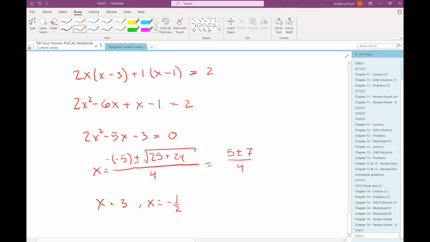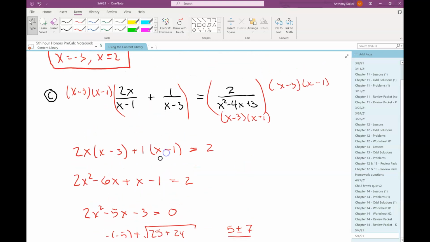Everybody's okay with that? Since these were rational, I knew that this was factorable, but who cares? You know, factor or use the quadratic formula, it doesn't matter. I think that was probably going to be faster than factoring it, but who knows? We're not done yet, though, because we still have to check.